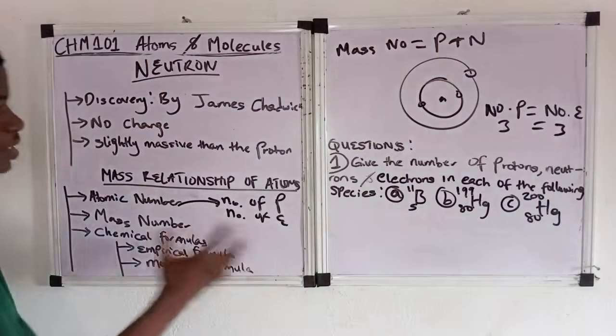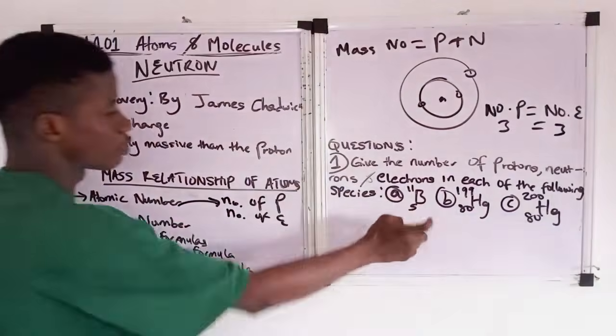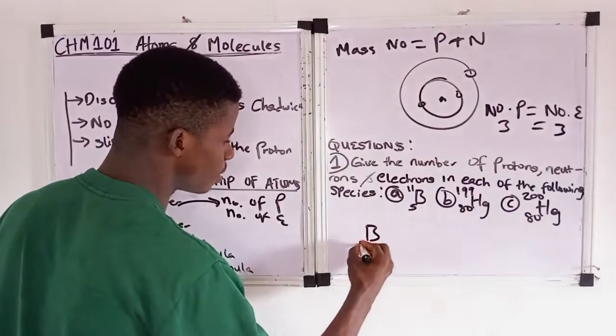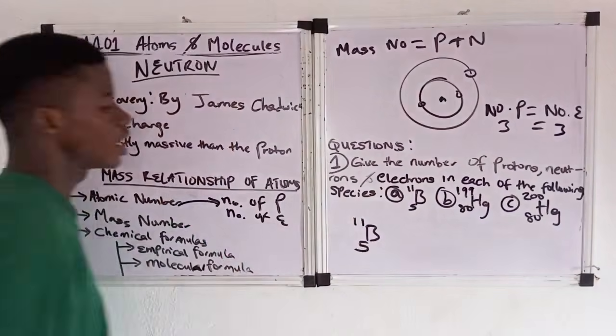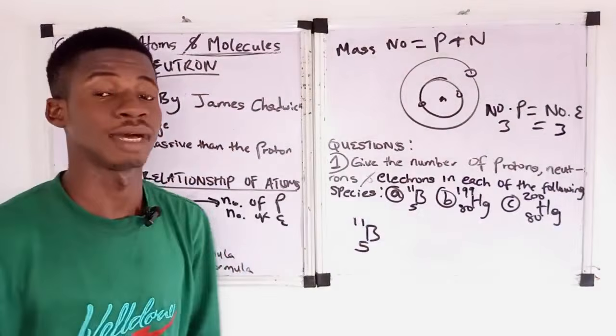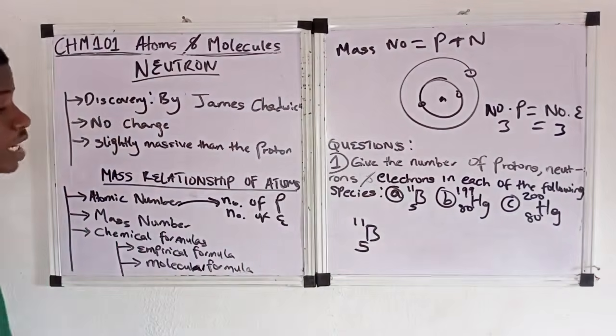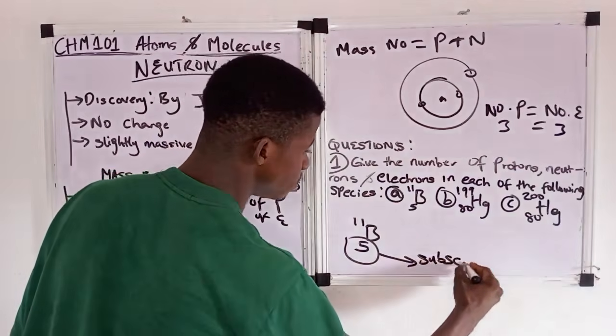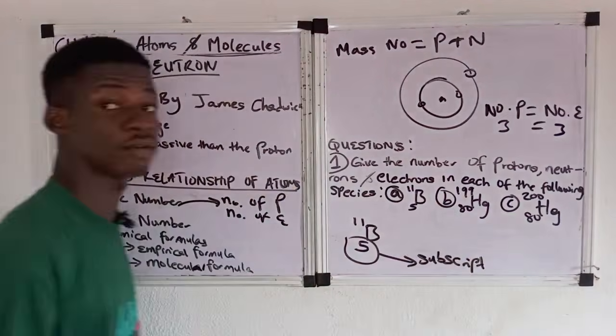Now let's bring a particular atom, for example beryllium. This is a beryllium atom. Where is the atomic number? Where is the mass number? The atomic number is usually at the subscript of the symbol of an atom.